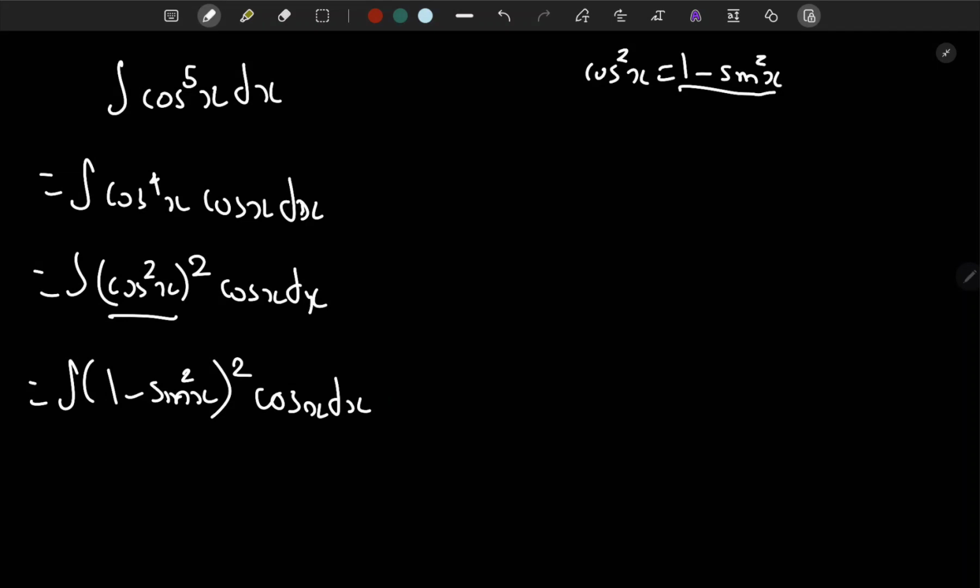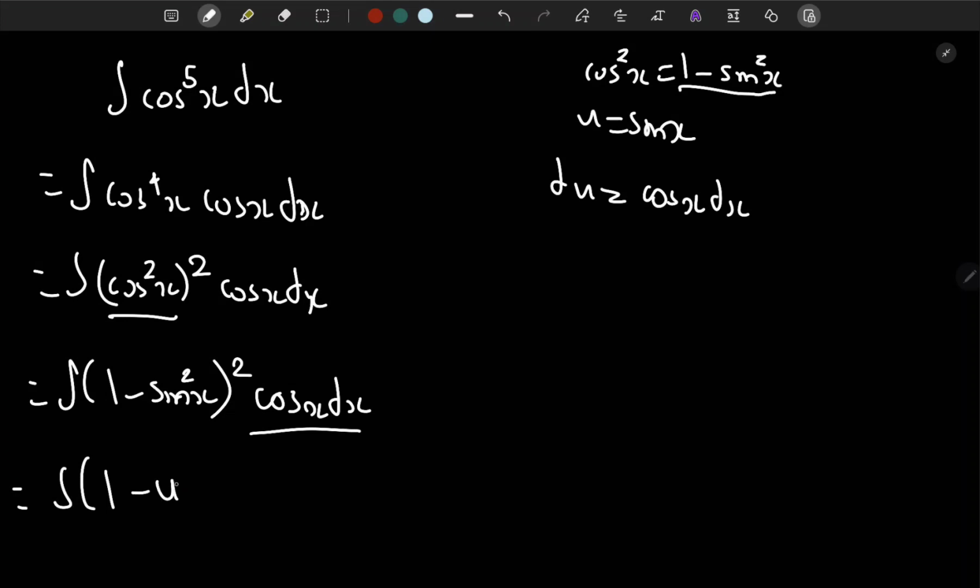And again, now we need to decide what to take u as. We need to take u as sine x such that du is going to be cosine x dx, and this will cancel out with this part. So we can just replace this with du now. Integral of 1 minus u squared, squared, du.